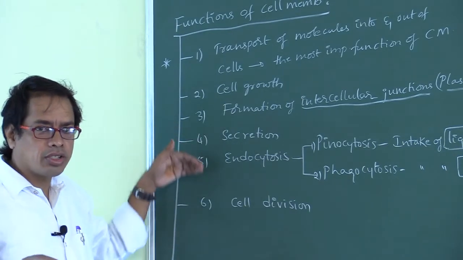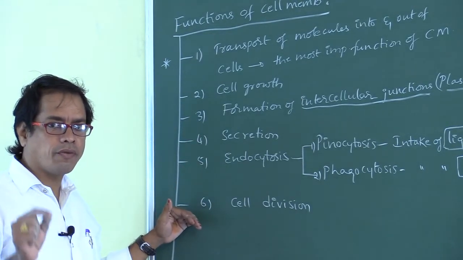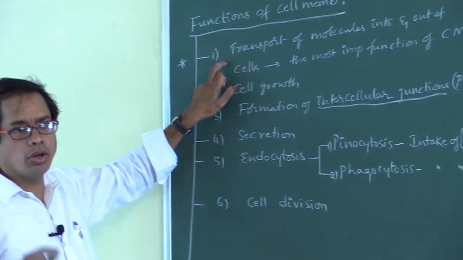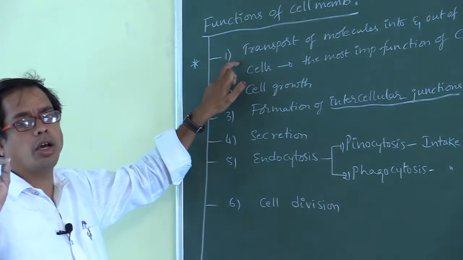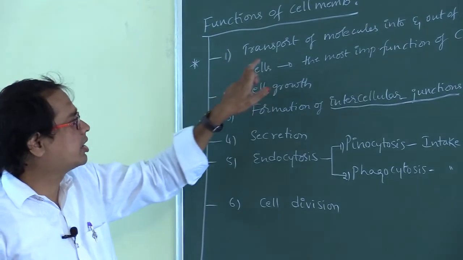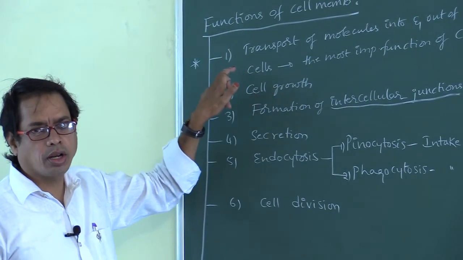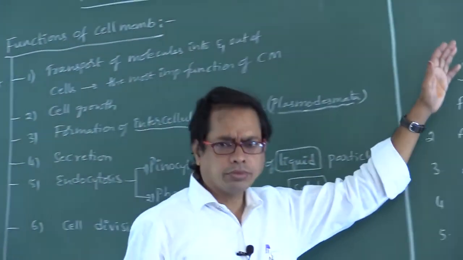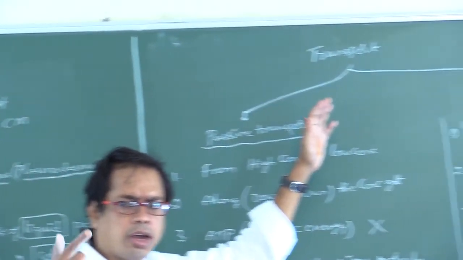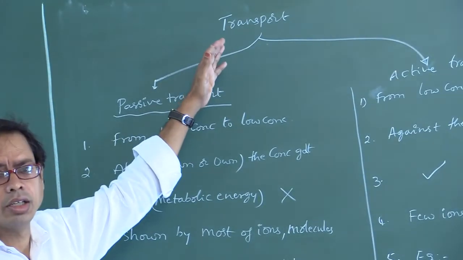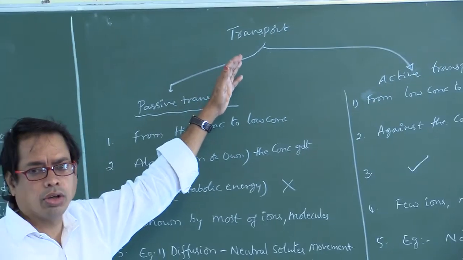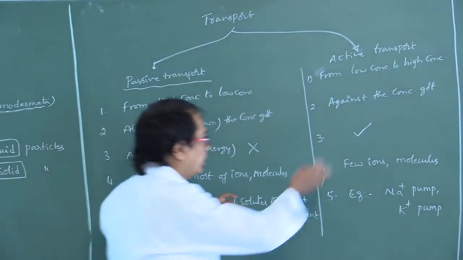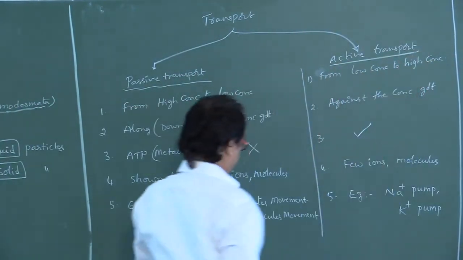Of these functions, what is the most important function of cell membrane? Transport of molecules into or out of the cells. This is the most important function of cell membrane. Okay. Now transport of molecules may be of two types: passive transport and active transport.